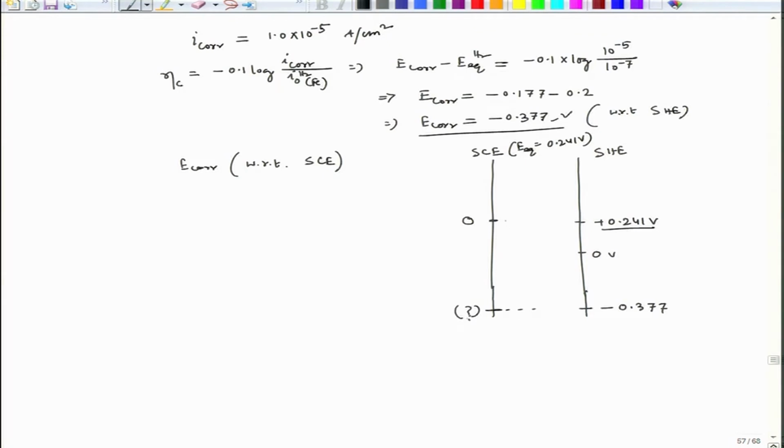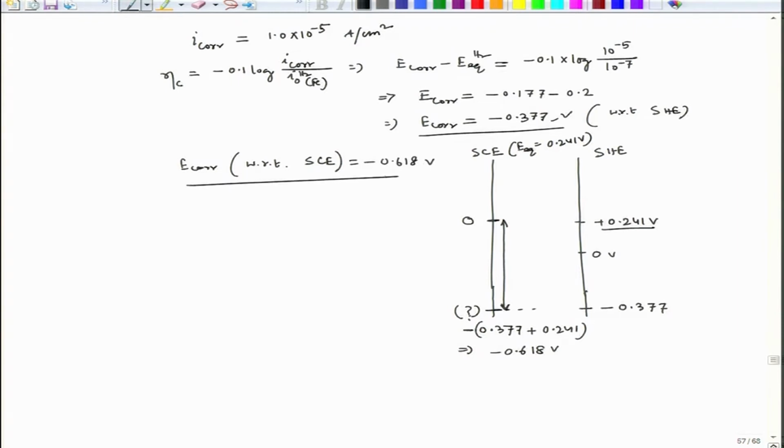So, that means we see that with reference to saturated calomel electrode, the potential will be this difference, and since this is 0, this potential also will be negative, and this potential would be minus of 0.377 plus 0.241. So, this would be equal to minus 0.618 volt.